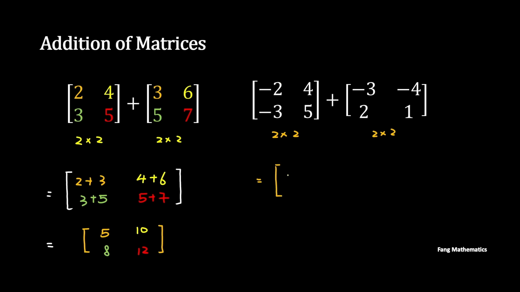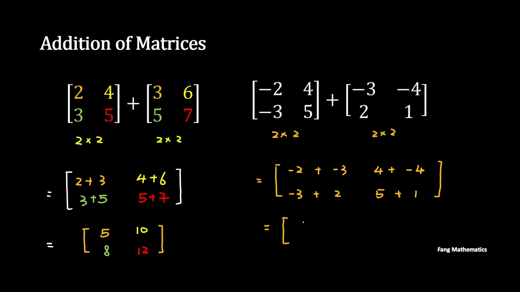So minus 2, row 1, column 1, plus minus 3, row 2, column 1, minus 3, plus 2. Row 1, column 2, 4 plus minus 4. Row 2, column 2, 5 plus 1. And you are going to perform the addition.